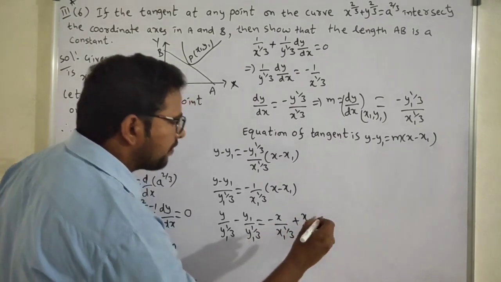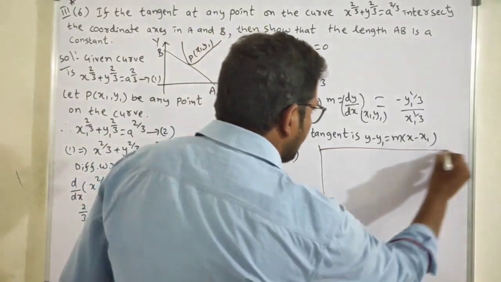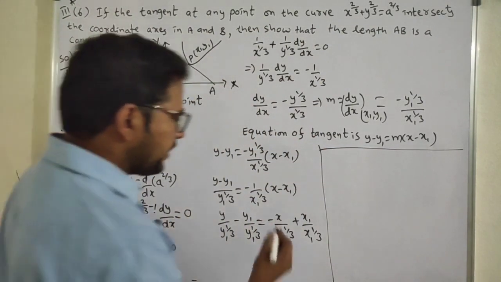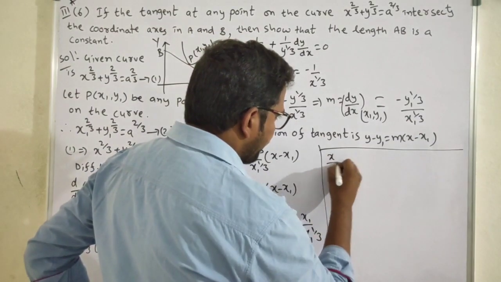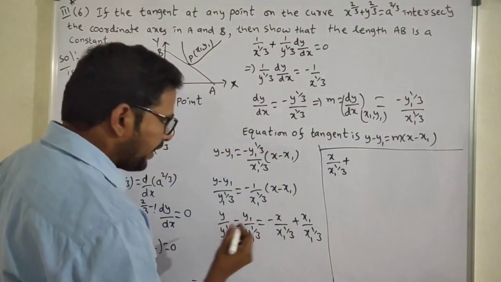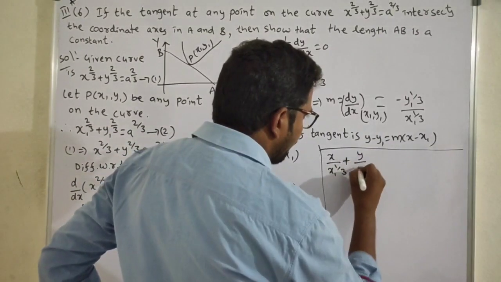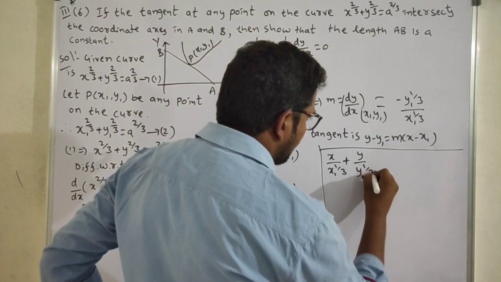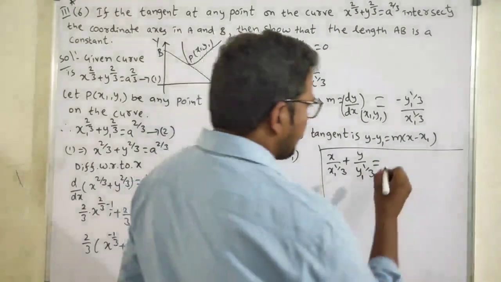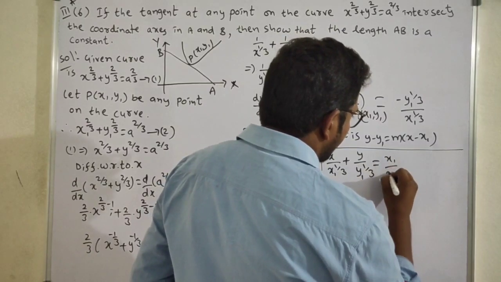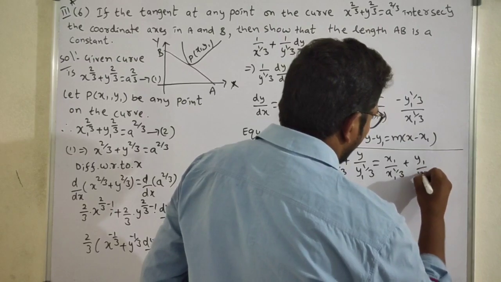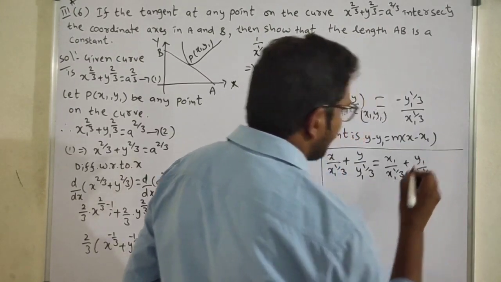Now send the x term to the left side, it becomes positive. That is x by x1 power 1 by 3 plus y by y1 power 1 by 3 is equal to, send this term to the right side, x1 by x1 power 1 by 3 plus y1 by y1 power 1 by 3.